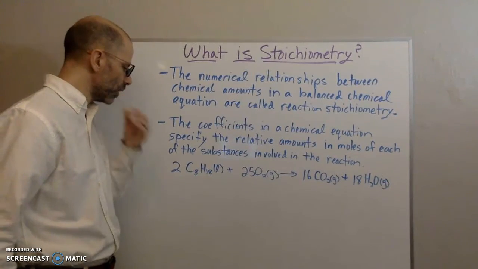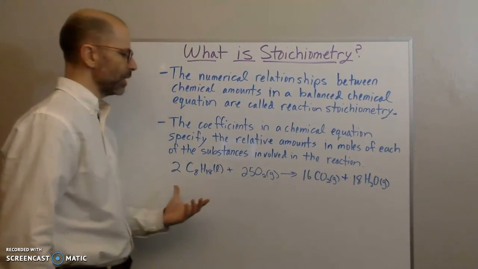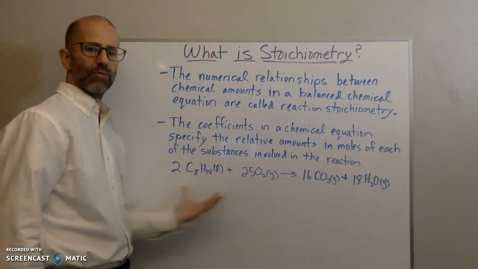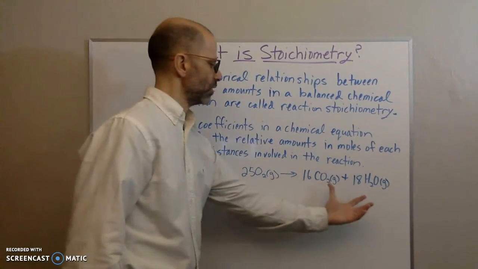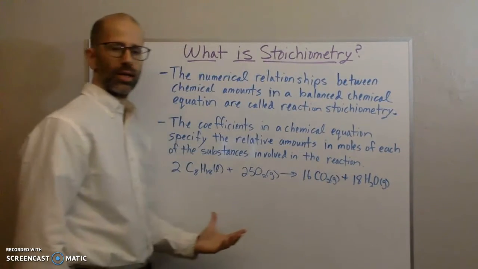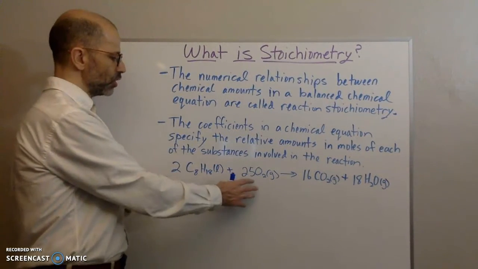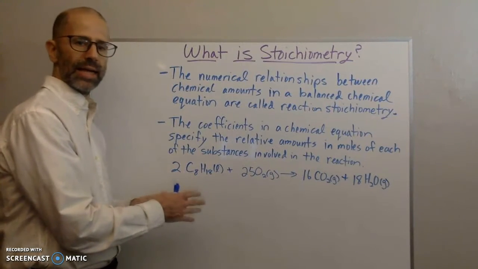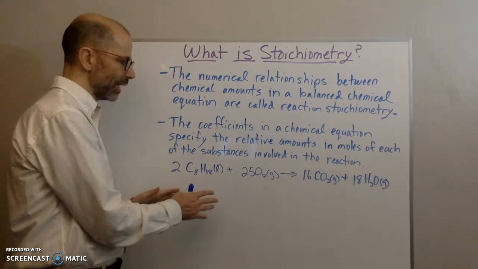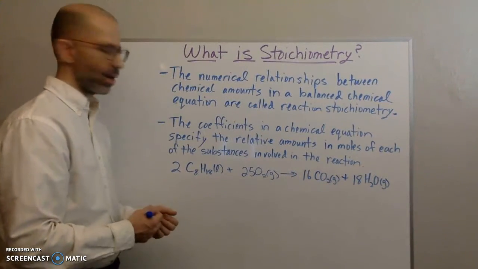And so this balanced equation is telling me the relative amounts of reactants I need in order to get a certain relative amount of product. The coefficients are giving me the mole amounts that I need to react together to get these amounts of water and carbon dioxide.